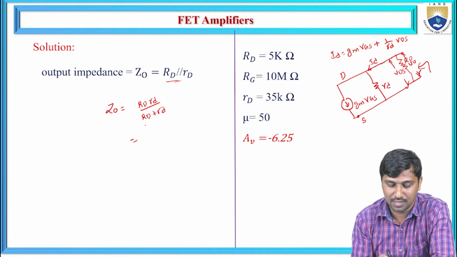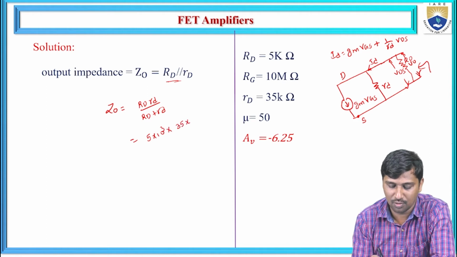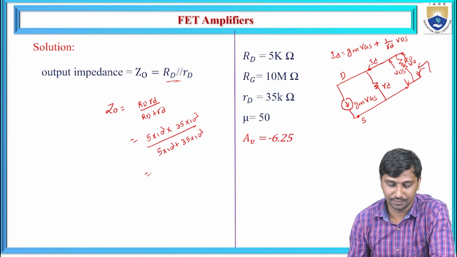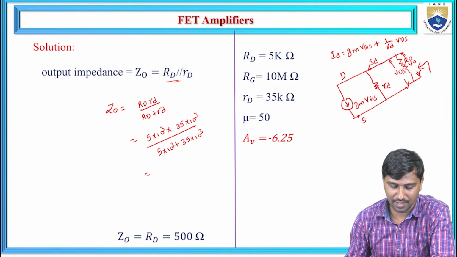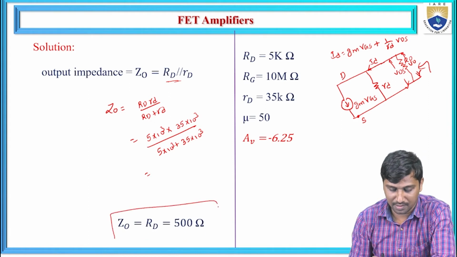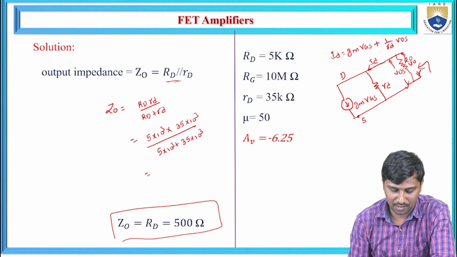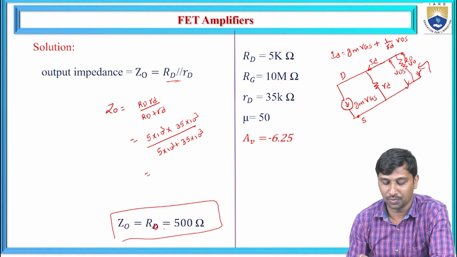Then you can substitute these resistances: this is 5 kilo ohms and small rd is 35 kilo ohms, so capital RD is 5 kilo ohms plus 35 kilo ohms. Now it gives that the Z0 value is approximately equal to 500 ohms.